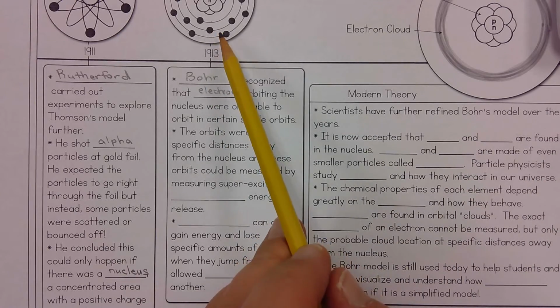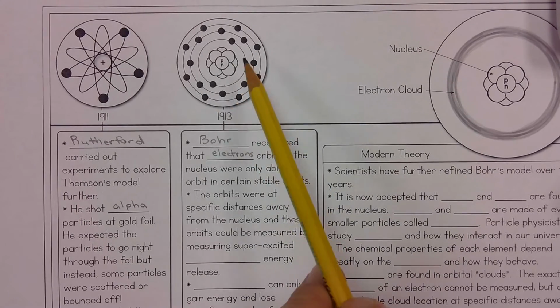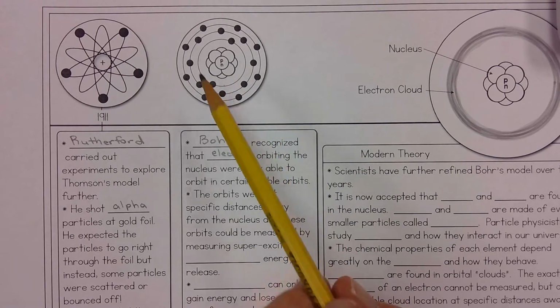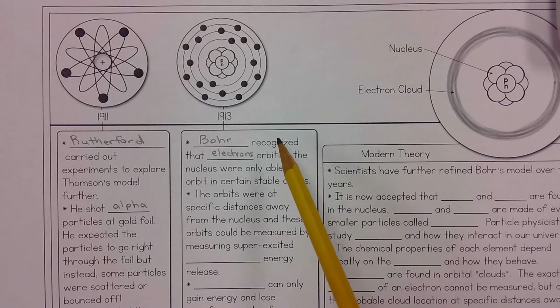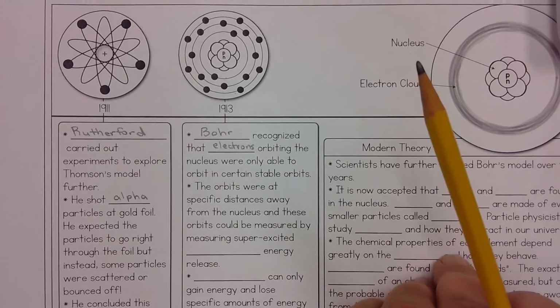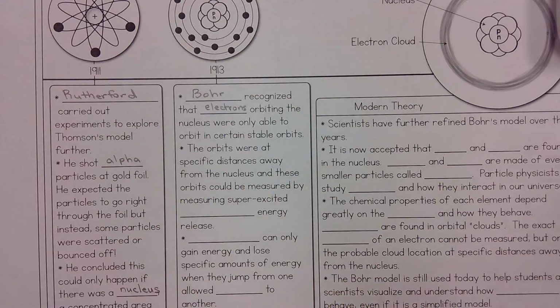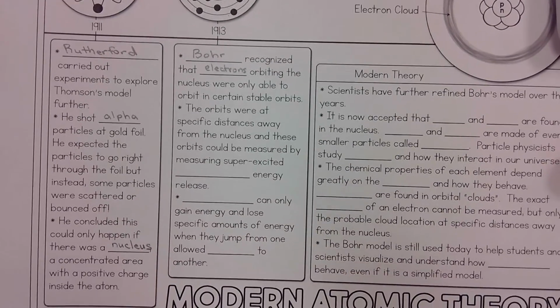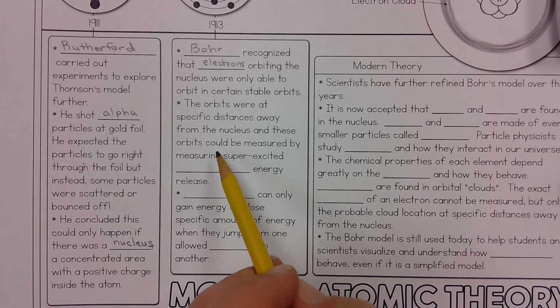So there's these stable orbitals. At this point, you can kind of think of an atom like our solar system, right, with the sun at the center and a planet at these stable levels, a certain distance from the center. But those distances were very specific. They weren't like in the plum pudding model, just randomly scattered throughout, right? So those orbitals are specific.